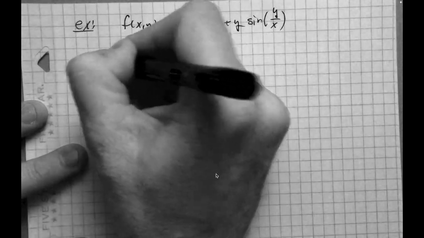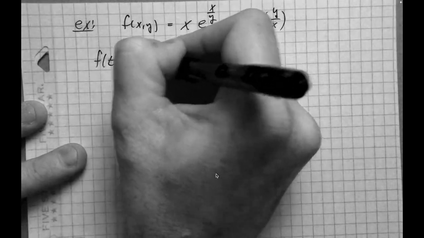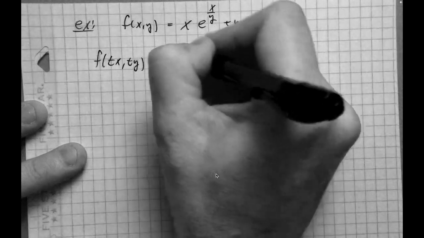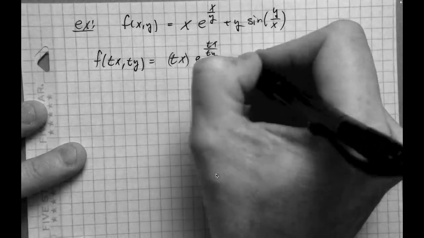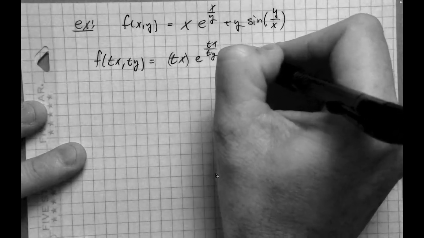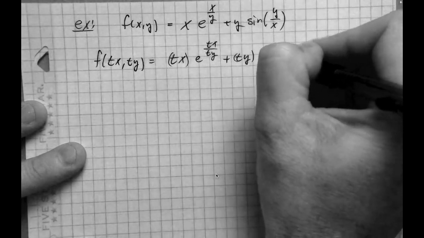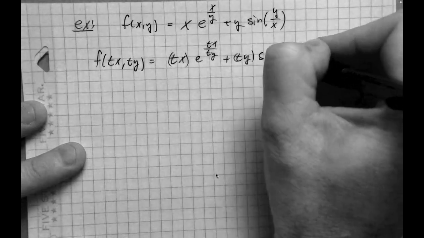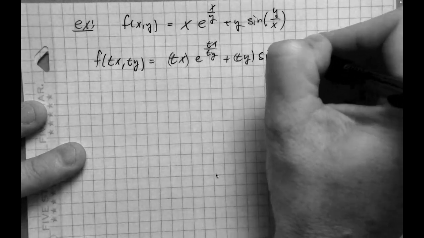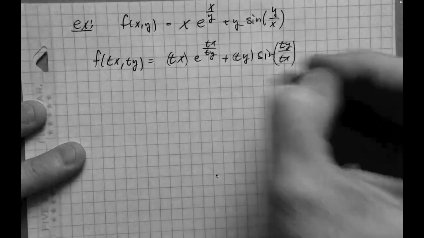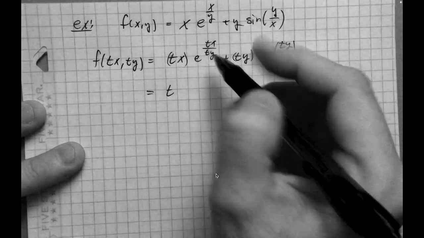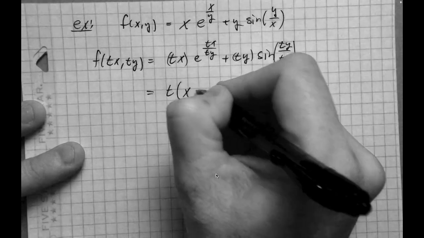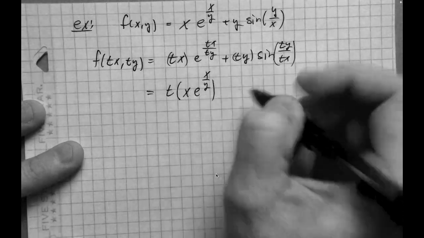So f of tx, ty is equal to t times x e to the tx over ty plus ty sine of ty over tx. Here you have a t out front. These two cancel, and you are left with x e to the x over y.